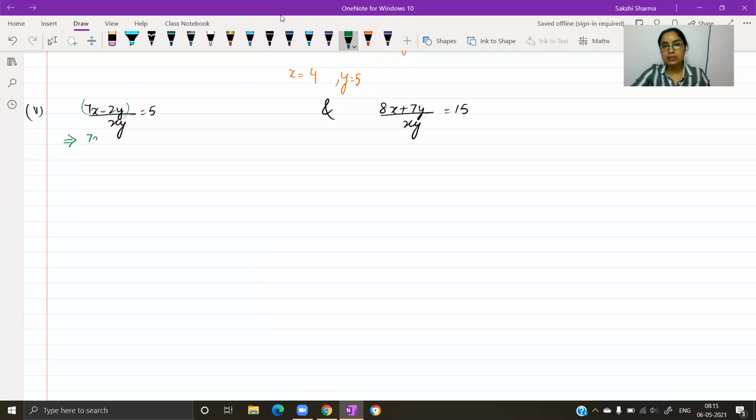I can rewrite this as 7x over xy minus 2y over xy equals to 5. So if I had to take the LCM, I would get the original expression back. So I can rewrite the given algebraic expression on the left-hand side this way.